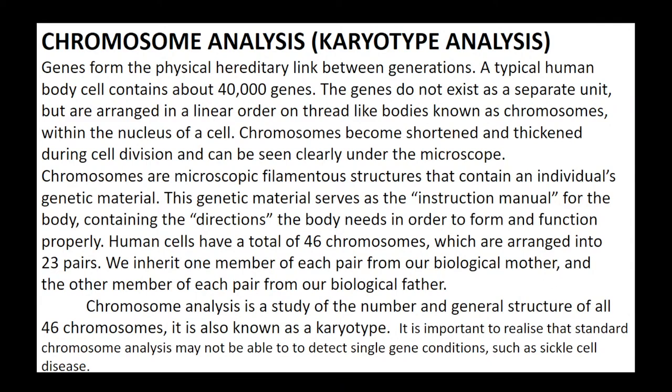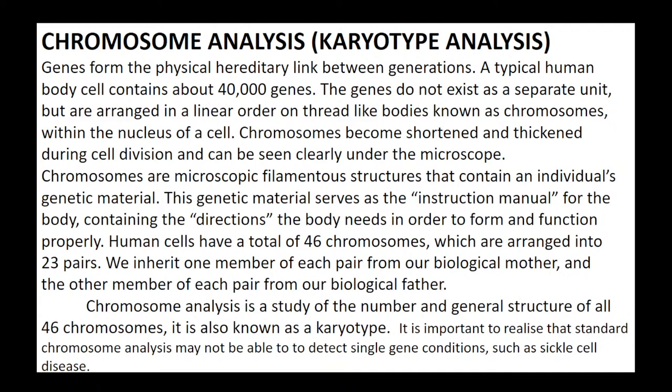In human somatic cells, we can find 46 chromosomes, which are arranged into 23 pairs. These 46 chromosomes carry 40,000 genes.